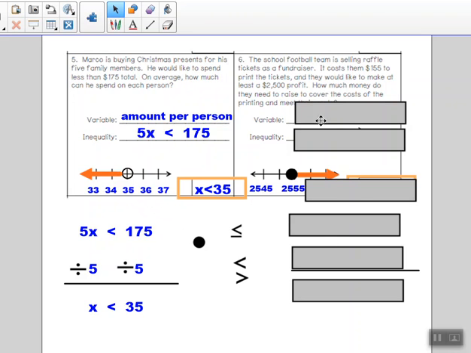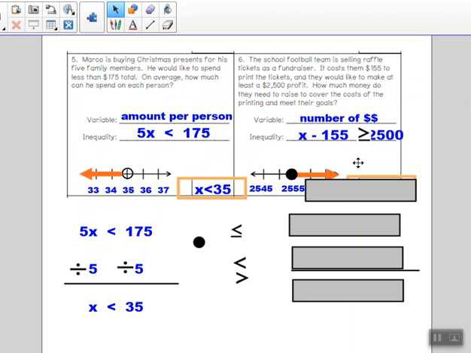If we look at number 6, our variable was the number of dollars that they're wanting to use. Our inequality was x minus 155 needs to be greater than or equal to 2,500. But here's kind of what's going on.